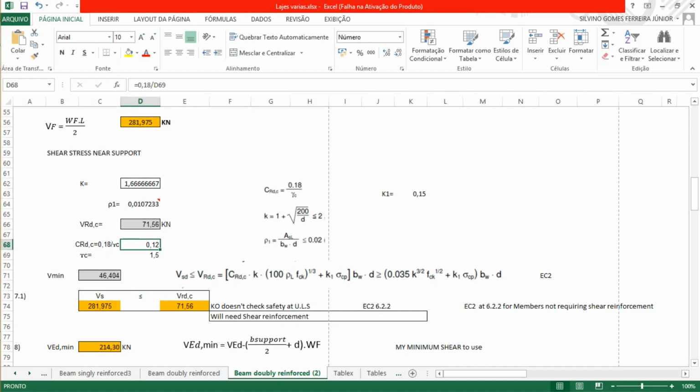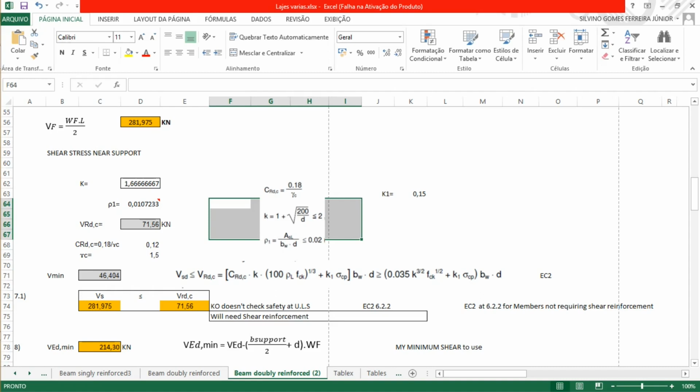For k, it is given by another expression in the Eurocode: k equal to 1 plus the square root of 200 over the effective depth d in millimeters.